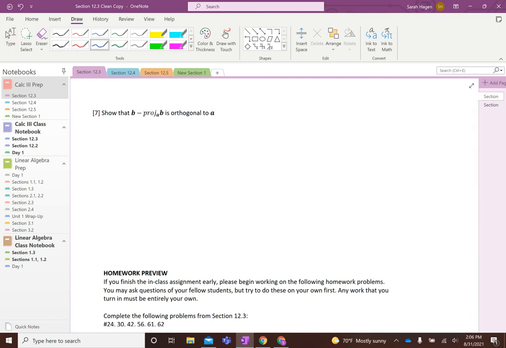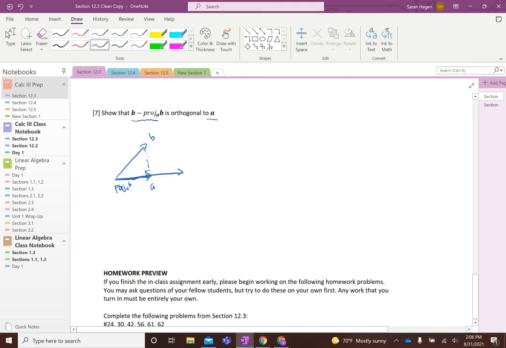The first thing I want to say is that for number 7, if we draw the picture, we should find this very believable, that the vector B minus the projection of B onto A is orthogonal to A. So if we draw a vector A and maybe draw a vector B here, and we drop a perpendicular down, this vector here, that's the projection of B onto A.